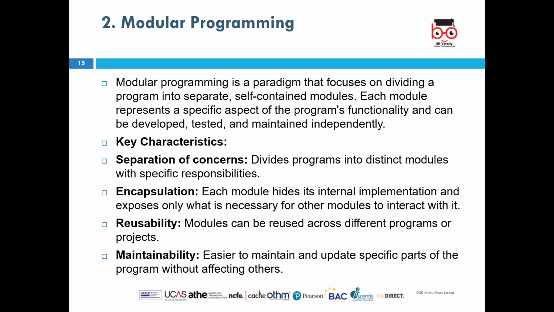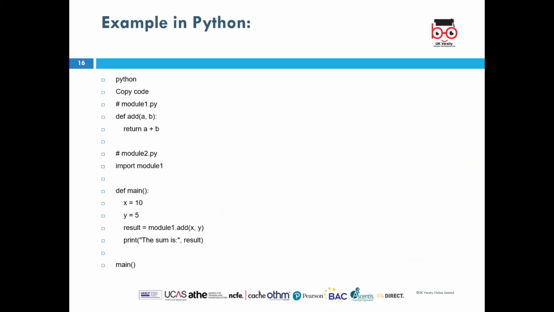Modules can be reused across our program or in different projects. And it is also maintainable, which means it is easy to maintain and update. Here we have an example of our modular program, where we are again declaring our variables and it is returning a value to us.